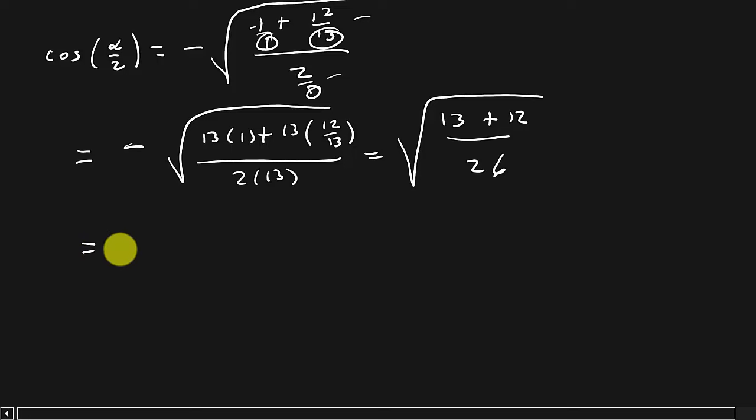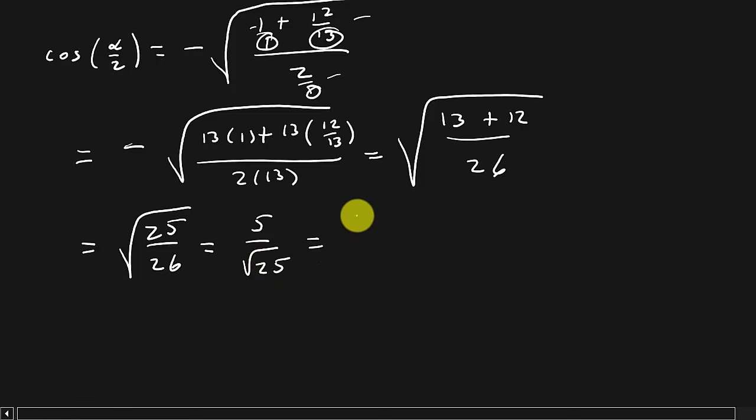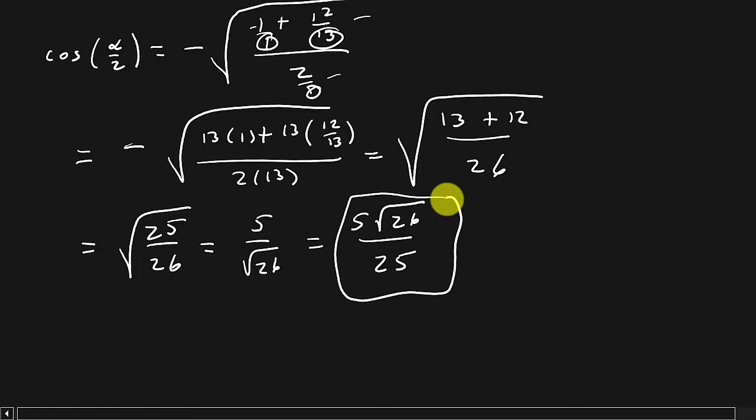So that's going to be the square root of 25 over 26, which is 5 over the square root of 26, and then after you rationalize the denominator, that's 5 square root of 26 over 26. And look what I forgot to do, I forgot to bring my negative with me.